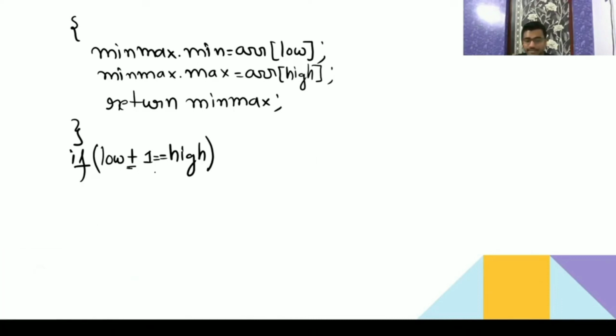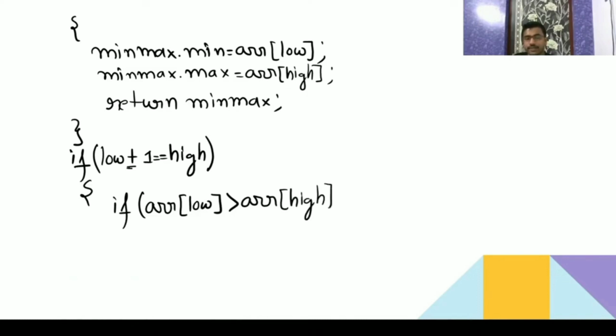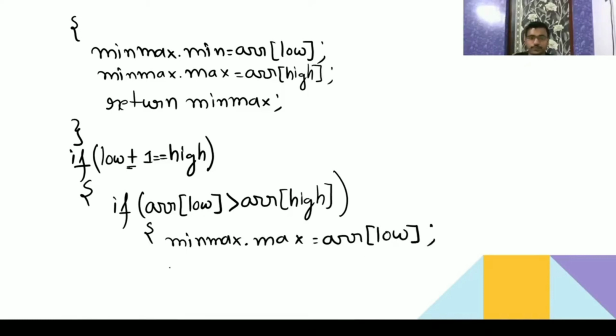Now if this is the case, meaning only two elements you are having, you compare between low and high. If array of low is greater than array of high, it means the min max, the actual min max, that means max is going to array of low, and your minimum is going to array of high.